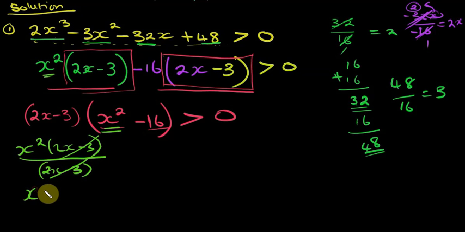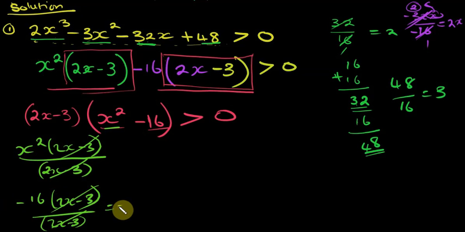We did the same for the second term: minus 16 times 2x minus 3 divided by 2x minus 3, the factors cancel out, and you just have minus 16. That's how we got there. Alright, cool. Let me just erase that.